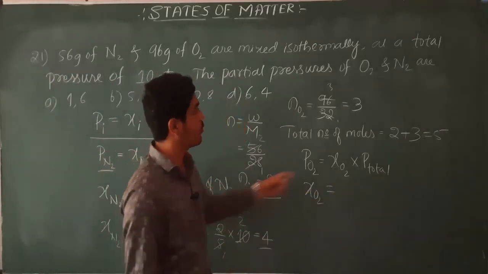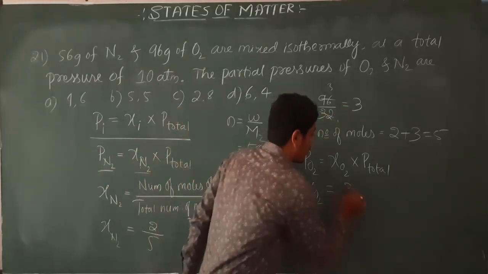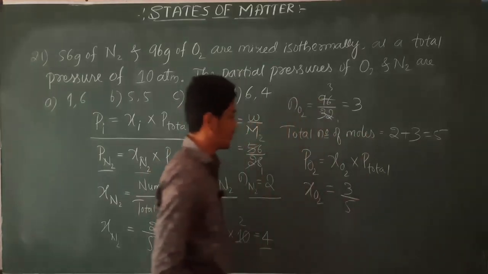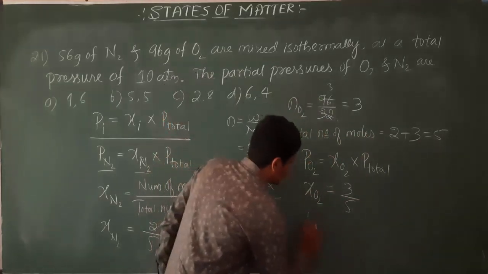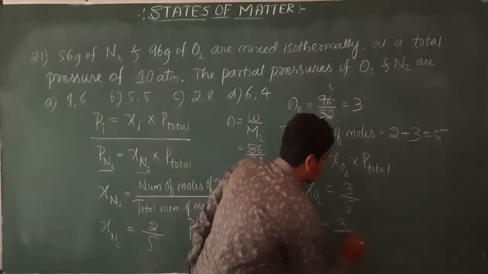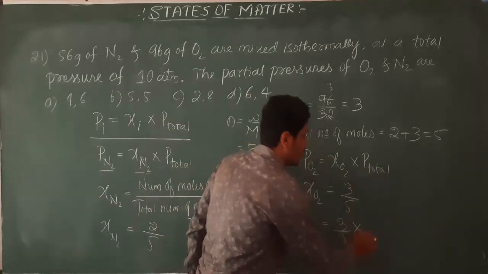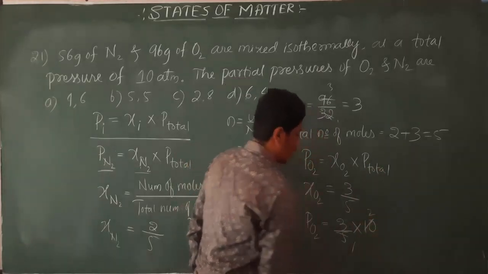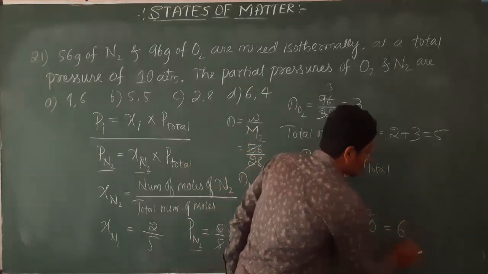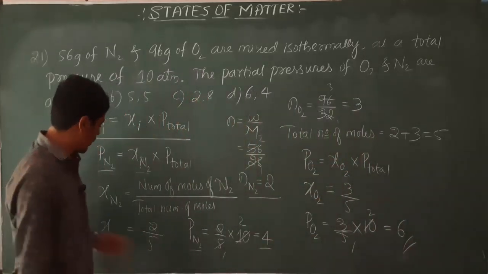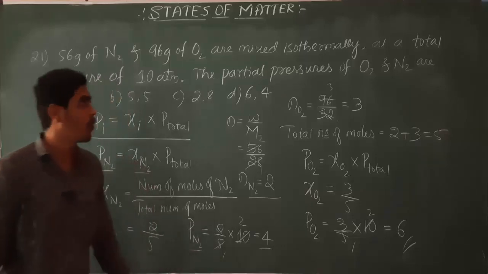How many moles of oxygen are there? 3, divided by the total number of moles, 5. So substitute that value, what will you get? Partial pressure of oxygen is equal to 3 divided by 5 into again the total pressure, 10. So 5 ones are 5, 5 twos are 10. How much will you get? 3 into 2 is 6. The partial pressure of oxygen is 6 and the partial pressure of nitrogen is 4.